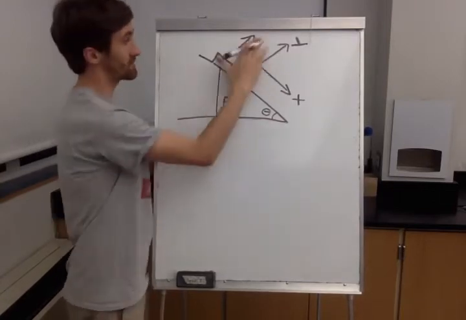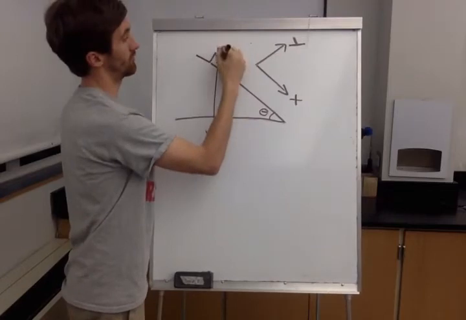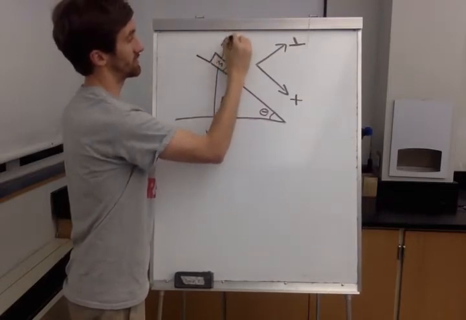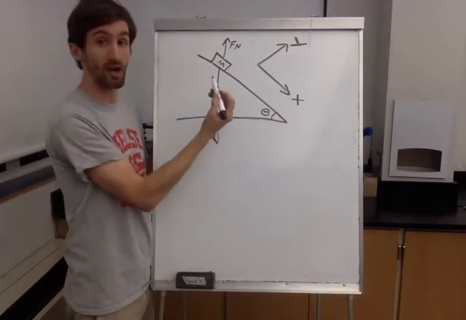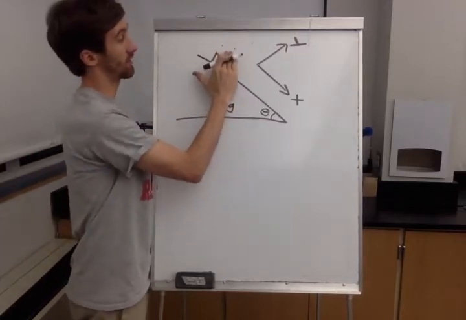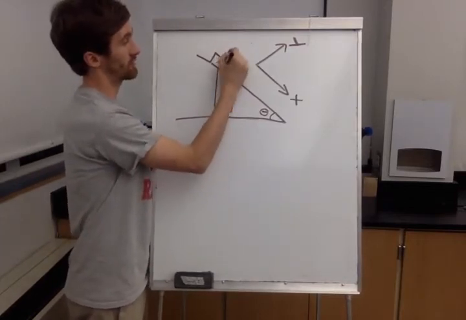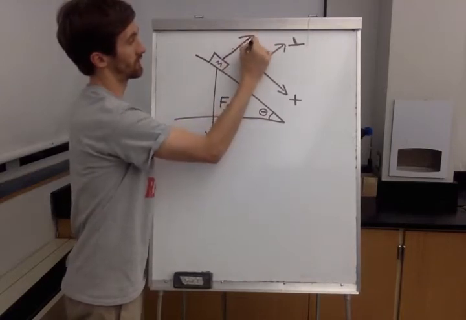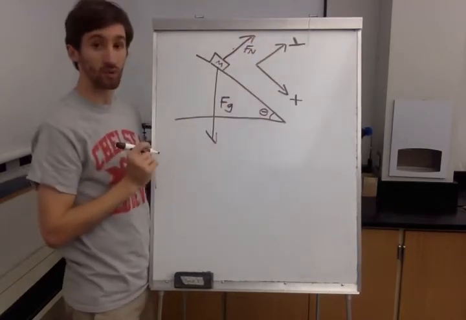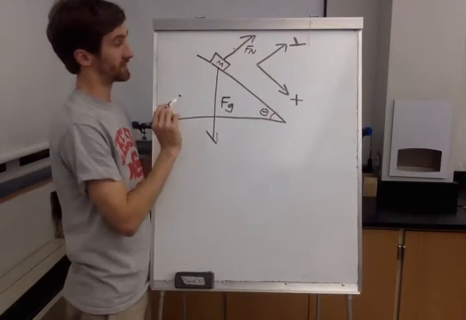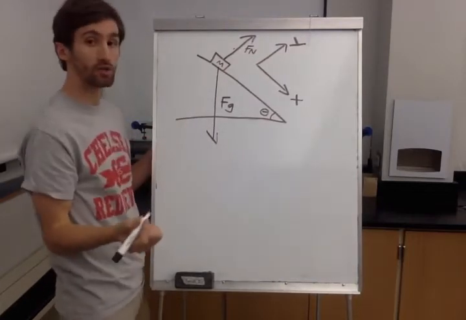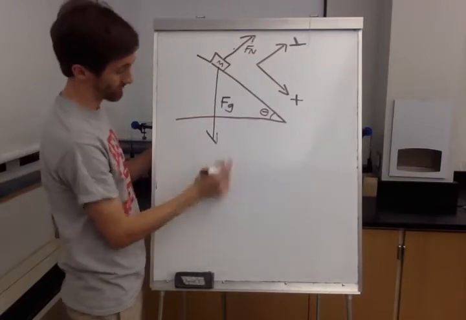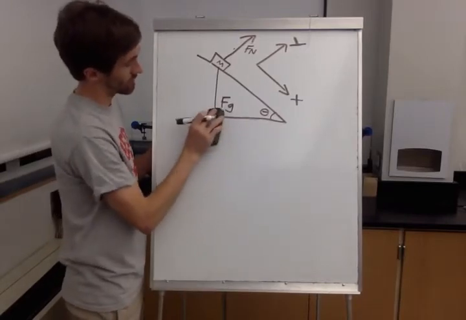It might be tempting to draw the normal force like this because we are used to the normal force coming straight up, but that is not correct. The correct way to draw it is the normal force coming straight out of the surface, 90 degrees to the surface. So when I draw my free body diagram, I'm going to make that just a little bit shorter.